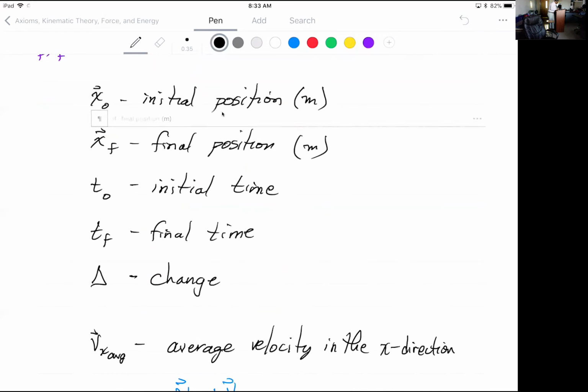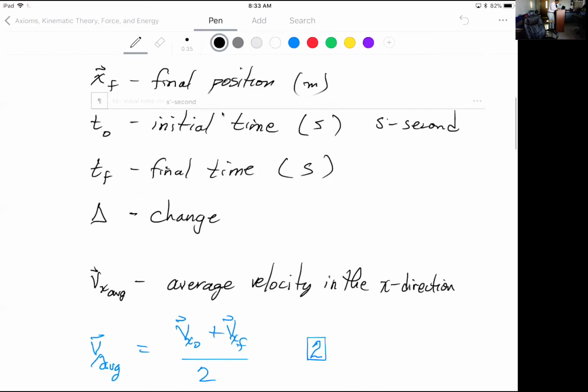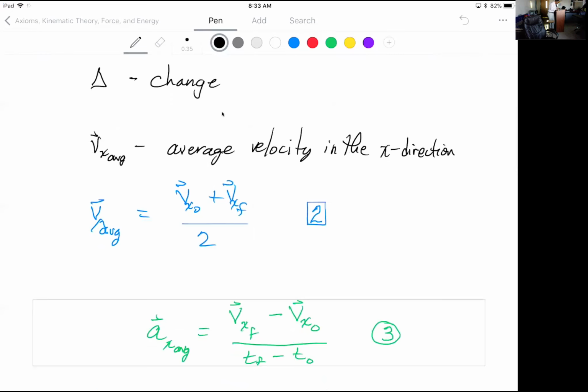Displacement is the change in the position, so it's still meters. What about time? What are the units? Very good. So what about velocity?